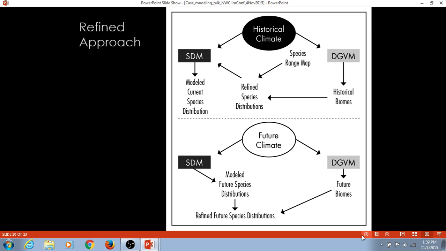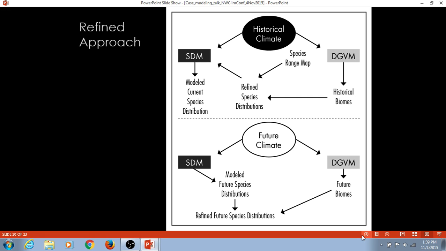Then for the refined approach, this is where I integrate the DGVM output. I still use the species range maps, but before I built the species distribution model, I refined them using the DGVM biome maps, okay? So that's the refined species distribution right there. Then I built the species distribution model, okay?